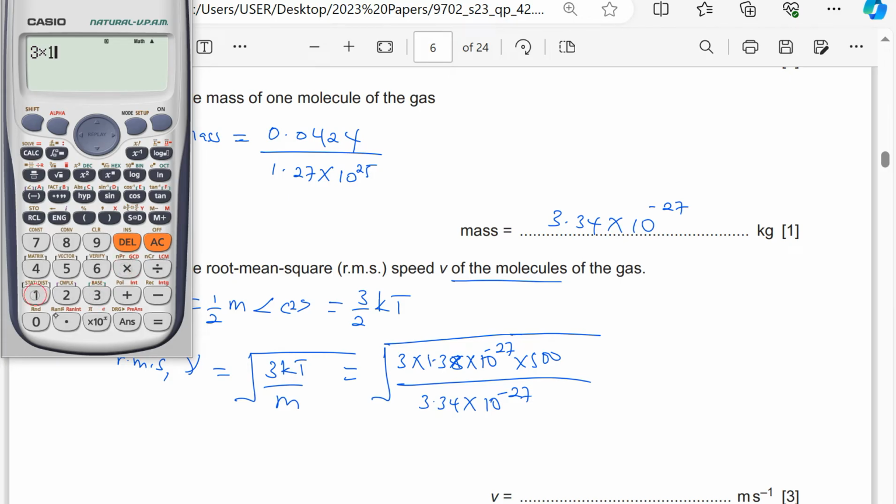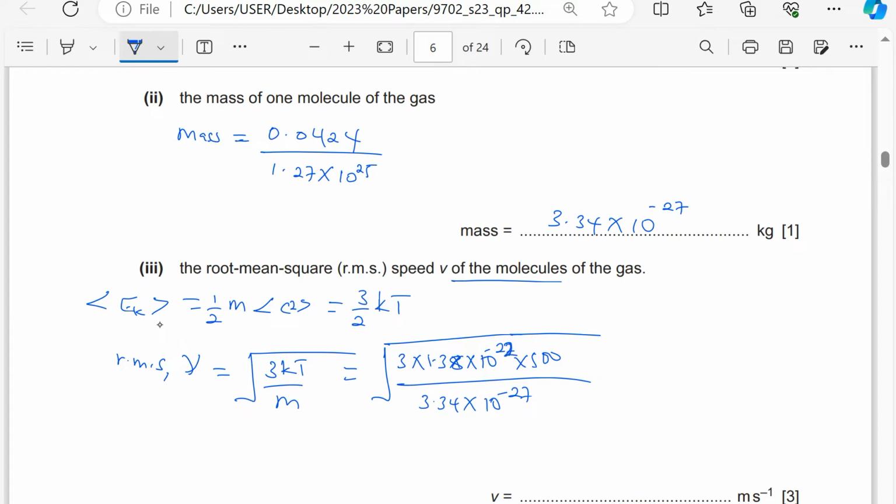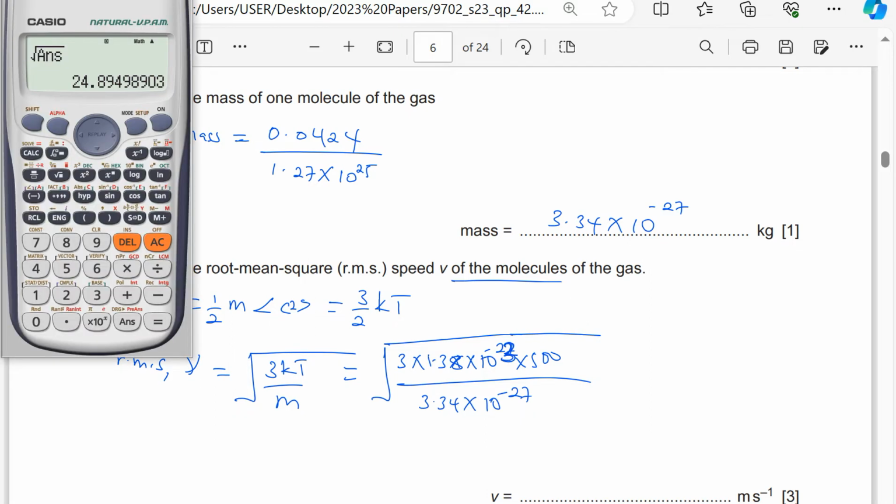Of course I must use the mass of one molecule, since it is the speed of the molecule. At first I wrote minus 27, but no, this is 23, not 27, since the speed can't be that small. So 3 times 1.38 times 10^-23 times 500 divided by 3.34 times 10^-27, then the square root.